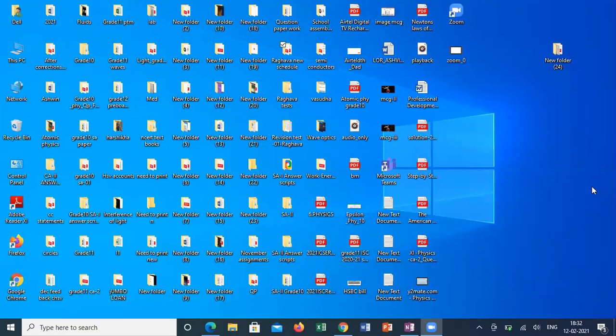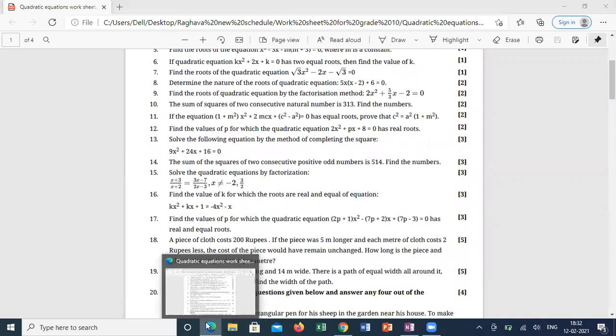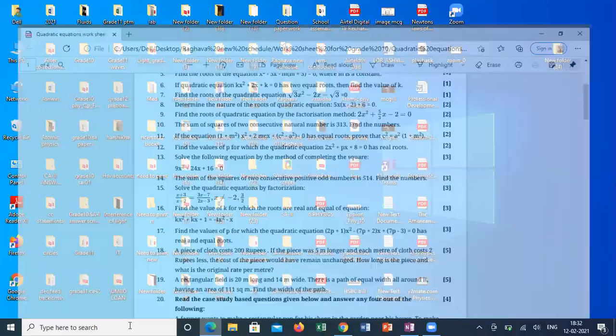Sixteenth question. Find the value of k for which the roots of the equation are real and equal. When are the roots real and equal? When is it possible? Anyone? Sir, if the discriminant is equal to 0.